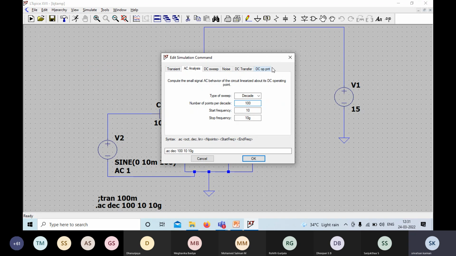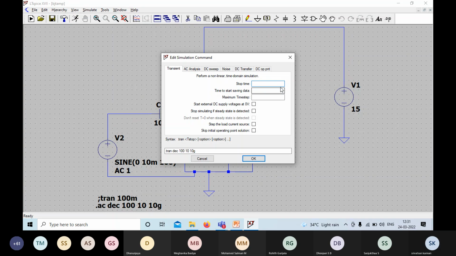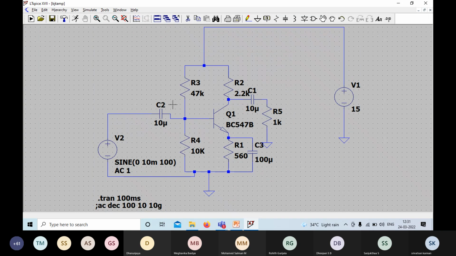Which analysis do I have to use to see the input voltage and output voltage waveforms? Transient. So go to transient. For the stop time, let us give 100 milliseconds.